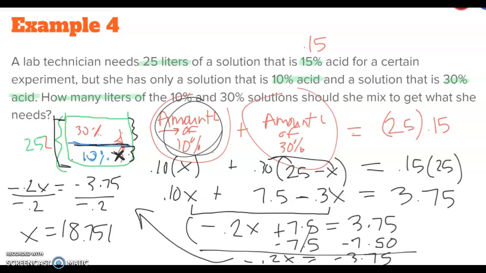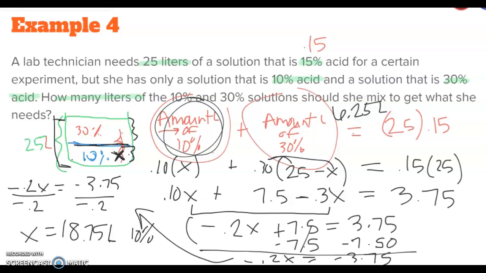Now remember, that was liters. That was the total amount of 10% solution. So if I have 18.75 liters of the 10%, then I can say, well, I know I have 25 minus 18.75, and that should be, I did my calculating wrong. 25 minus 18.75 equals, so the 30% solution should be 6.25 liters.